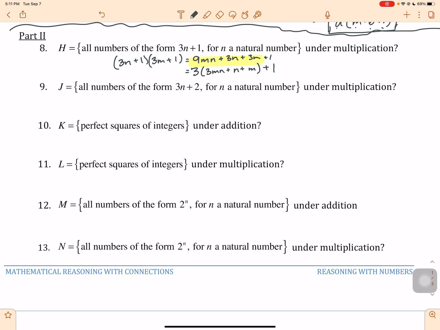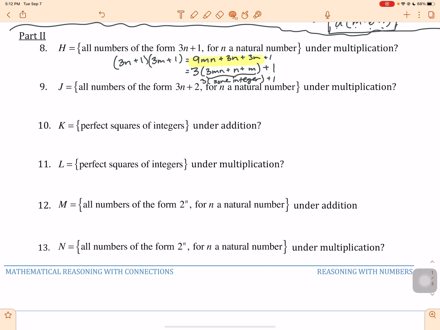So now looking at this, integers are closed under addition and multiplication. So this is really just 3 times some integer plus 1. And that is basically our original definition, right? The natural numbers are within the integers.